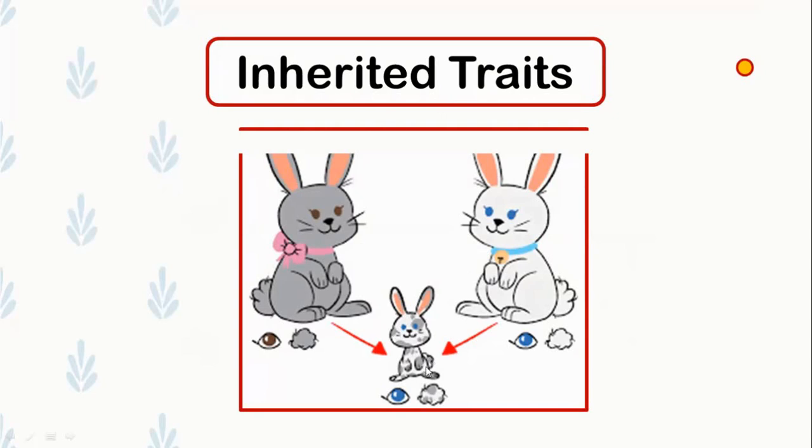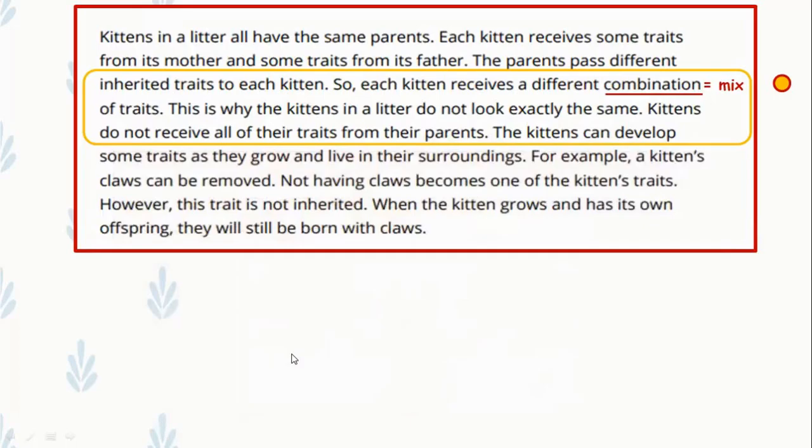As we can see in the fur of this baby rabbit, it got white fur from the father and gray spots from the mother, and it got only the eye color from its father. Okay? Kittens do not receive all of their traits from their parents.